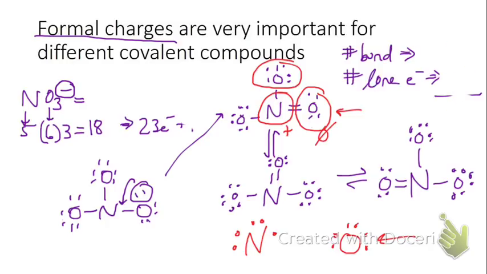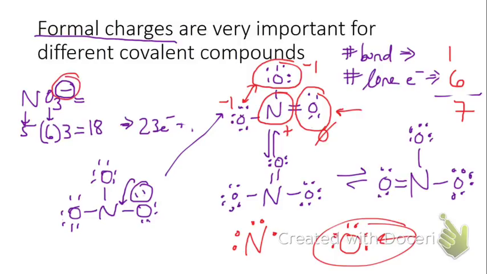That oxygen has 1 bonding electron and 6 lone electrons for a total of 7. But down here we said oxygen has 6, so it has an extra electron around it, which means it has a -1. And these 2 oxygens are the same, so we have a -1. So +1, -1, -1, 0 gives us a total charge of -1.